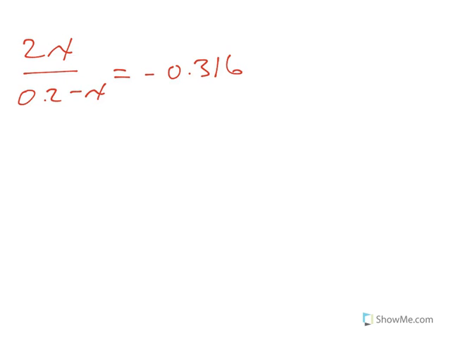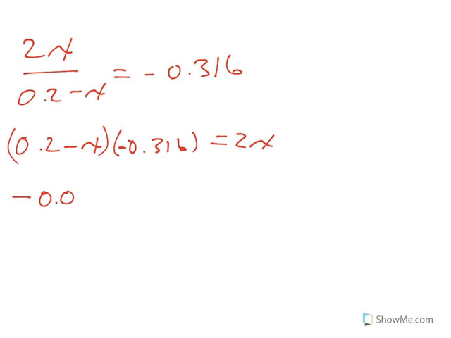The reason why is because when I multiply both sides by the denominator, I'm going to get negative 0.063 plus 0.316x equals 2x.